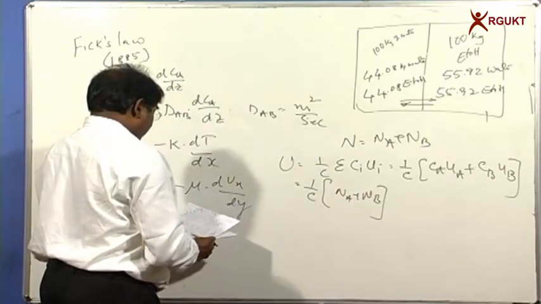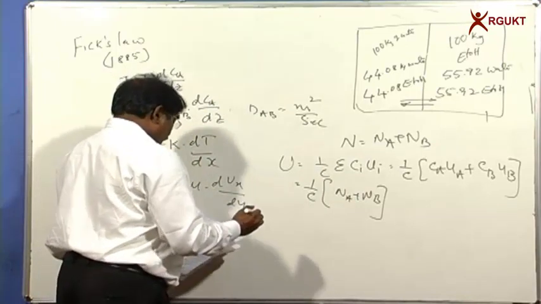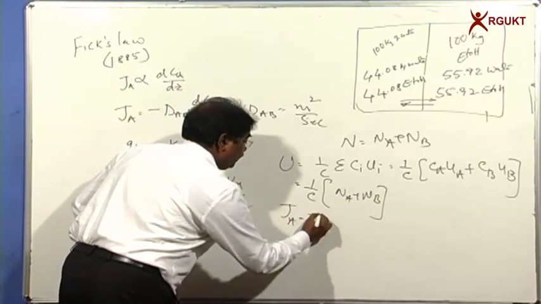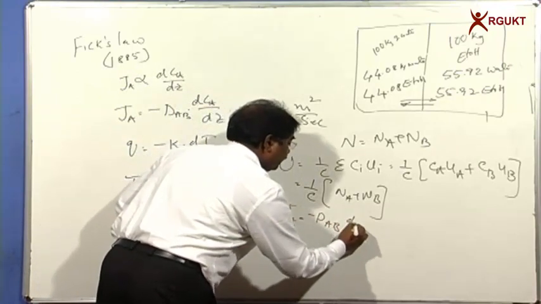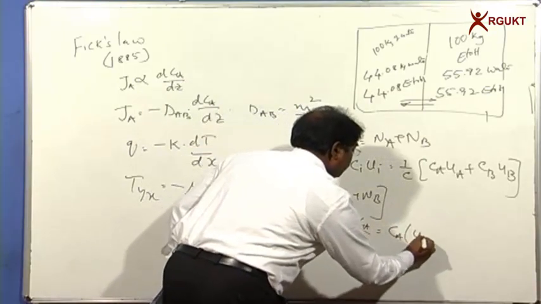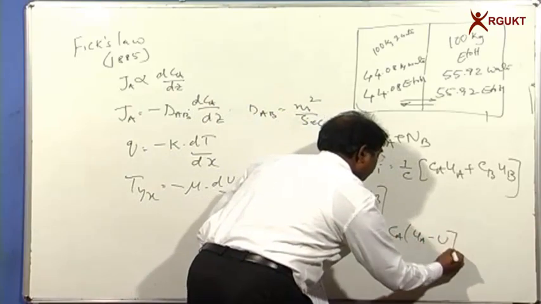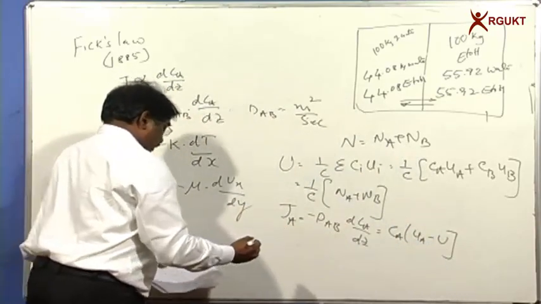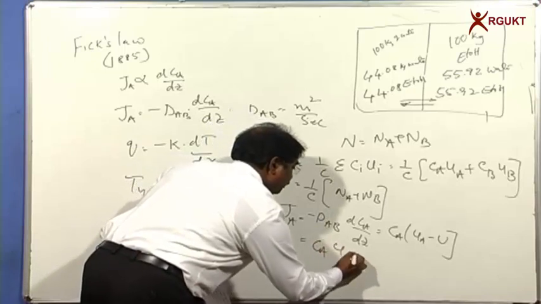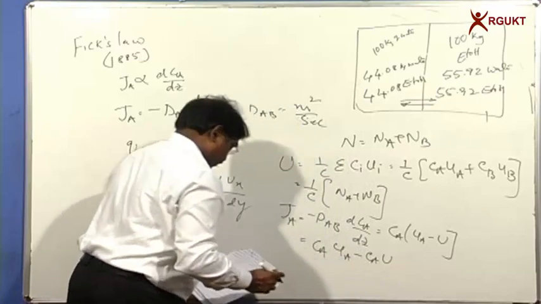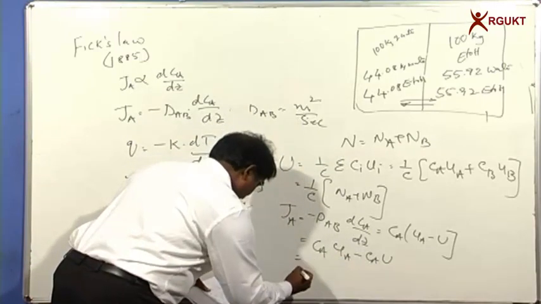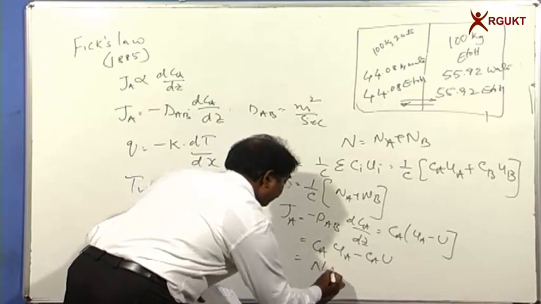At the same time, we have already written Ja equal to minus Dab into dCa by dZ. This is also equivalent to Ca into (Ua minus U). Then this can be written as Ca Ua minus Ca into U, and Ca into Ua is nothing but Na.